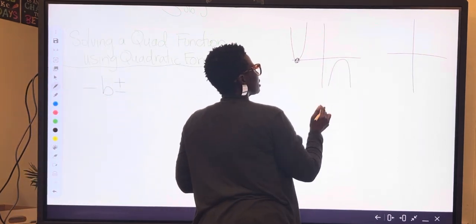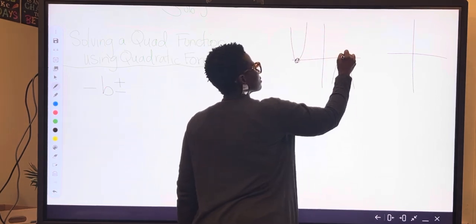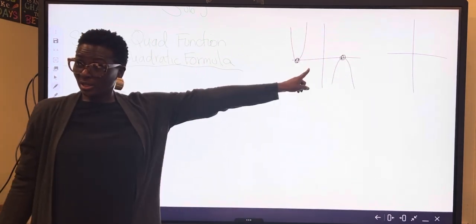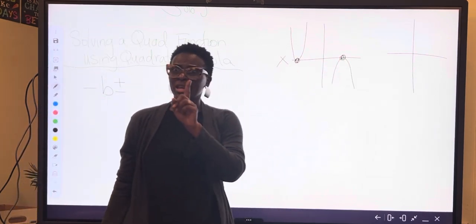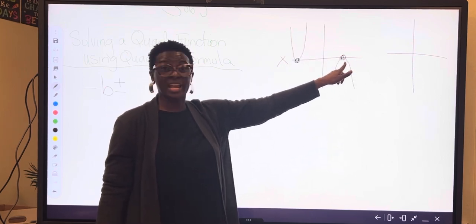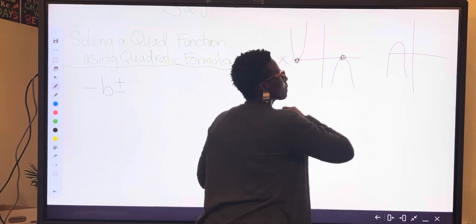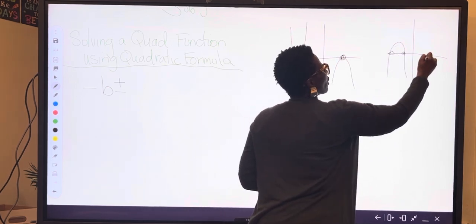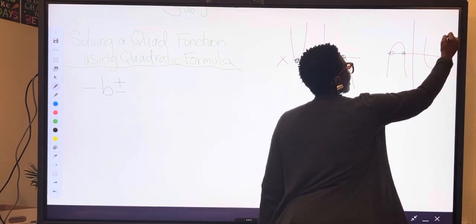What about here? One. How many times does it hit the x-axis? Once. So you only got one x-intercept for this one. I'm not talking about the two together. It's how many are here, right? What if I gave you this? How many? Two. What about if we went the other way and went this way? How many?